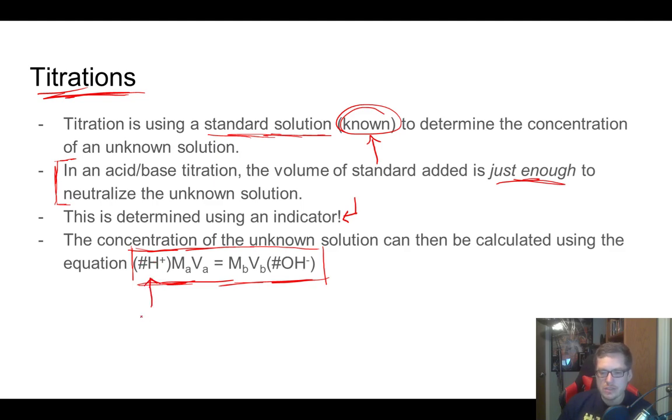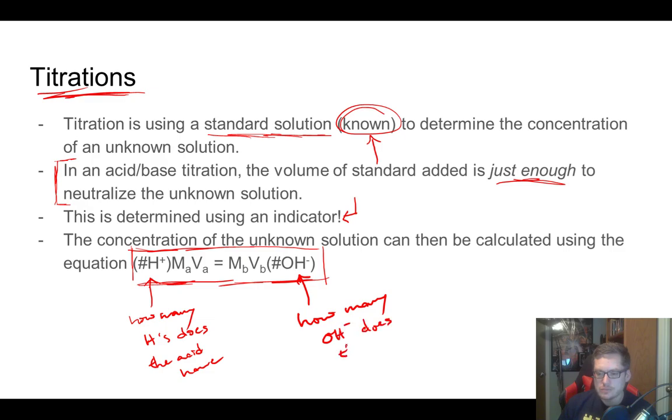This is just going to be an integer number representing how many hydrogens the acid has. And then this one here is how many hydroxides the base has.